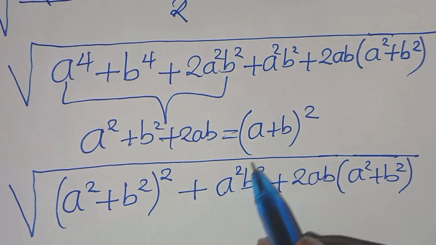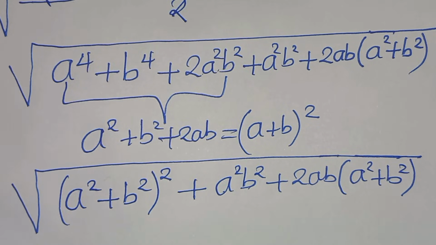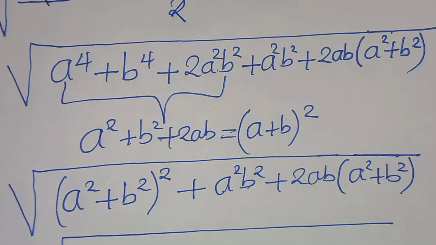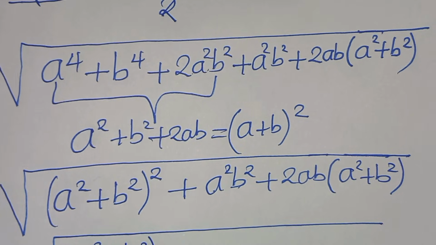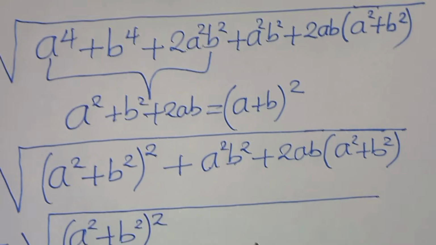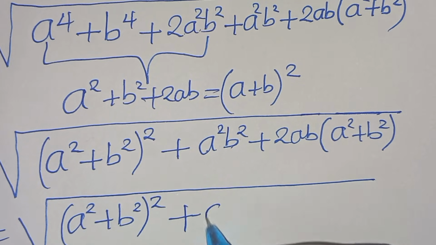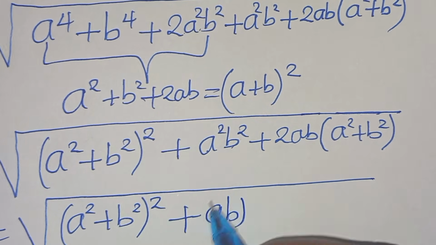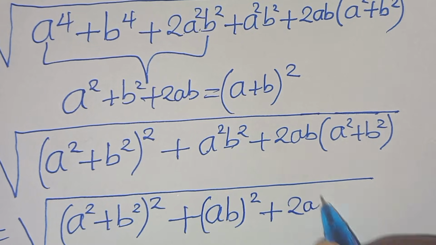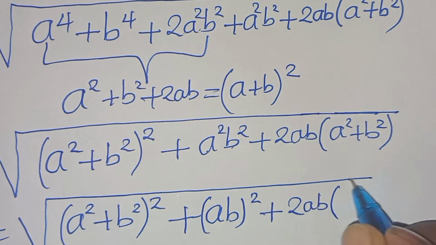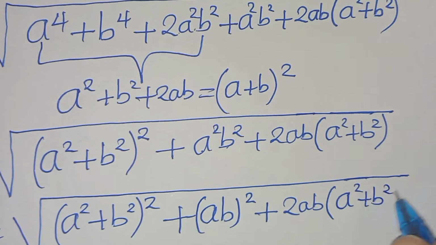We can express this as the square root of a squared plus b squared raised to the power of 2, then plus a squared b squared, this is the same thing as a multiplied by b raised to the power of 2, then plus 2ab into the parentheses, this is the same thing as a squared plus b squared.